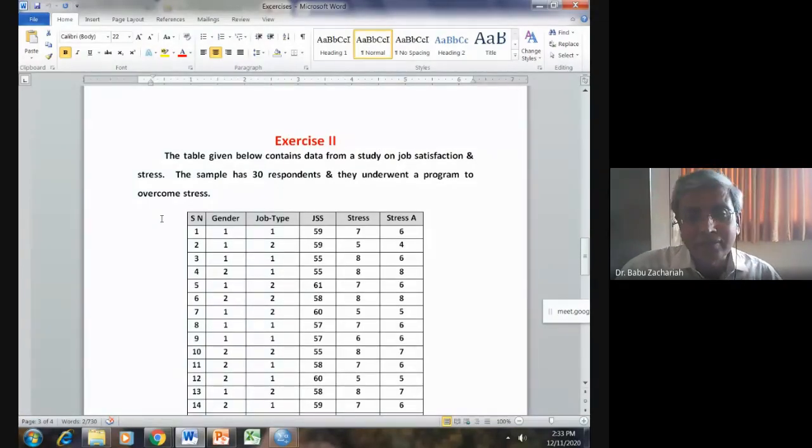Now, I have a data set before you, and it says the table given below contains data from a study on job satisfaction and stress. The sample had 30 respondents, and they underwent a program to overcome stress.